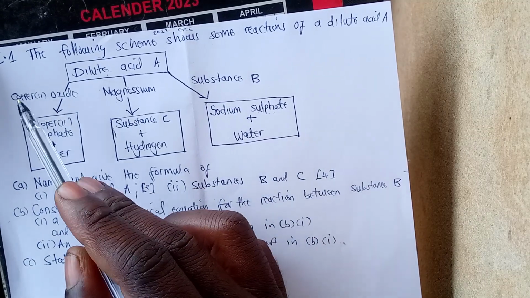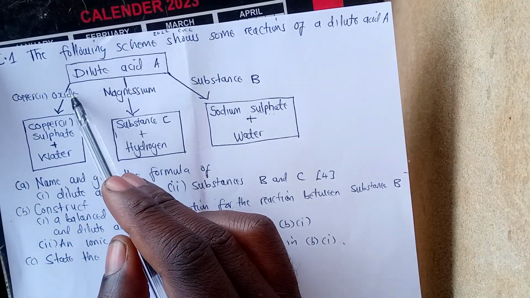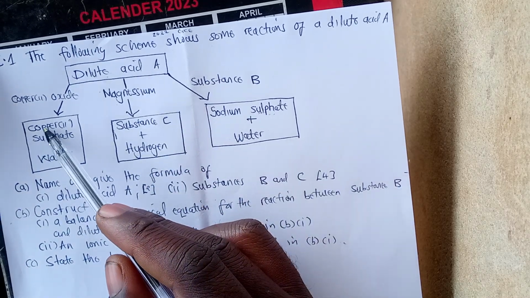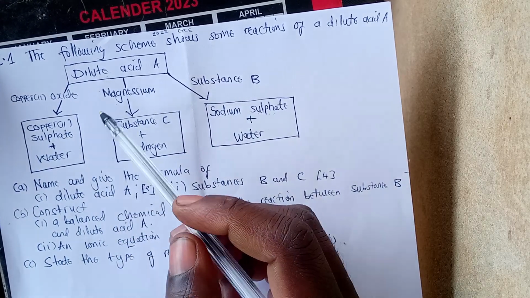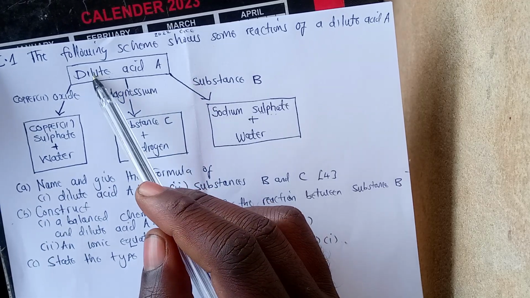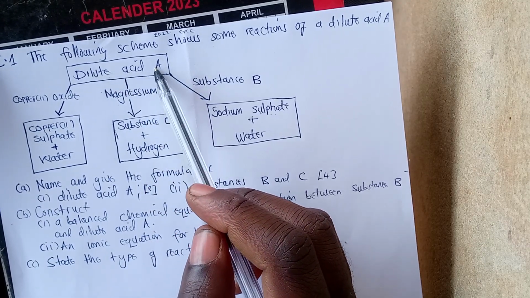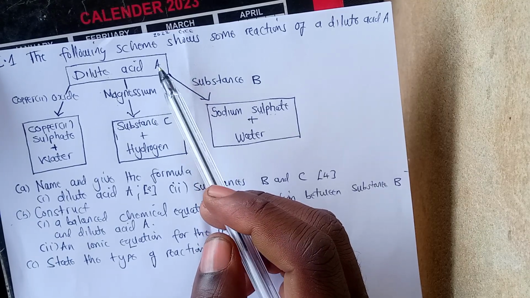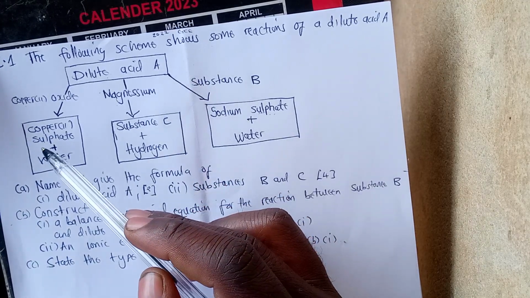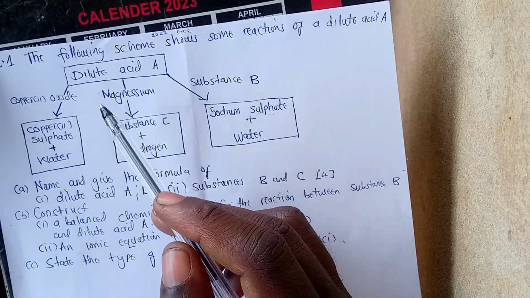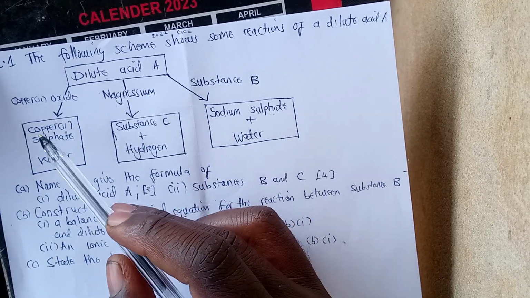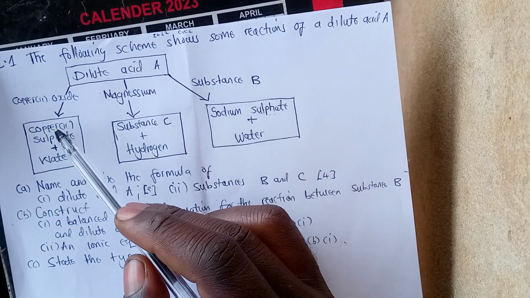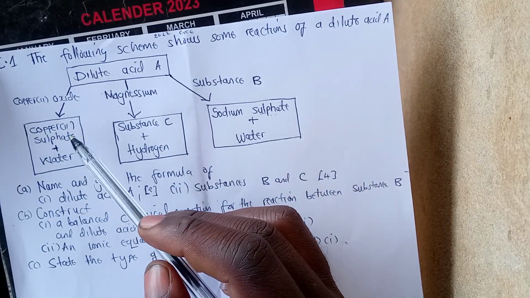No wonder when copper 2 oxide reacts with that acid, it gives us copper 2 sulfate plus water.